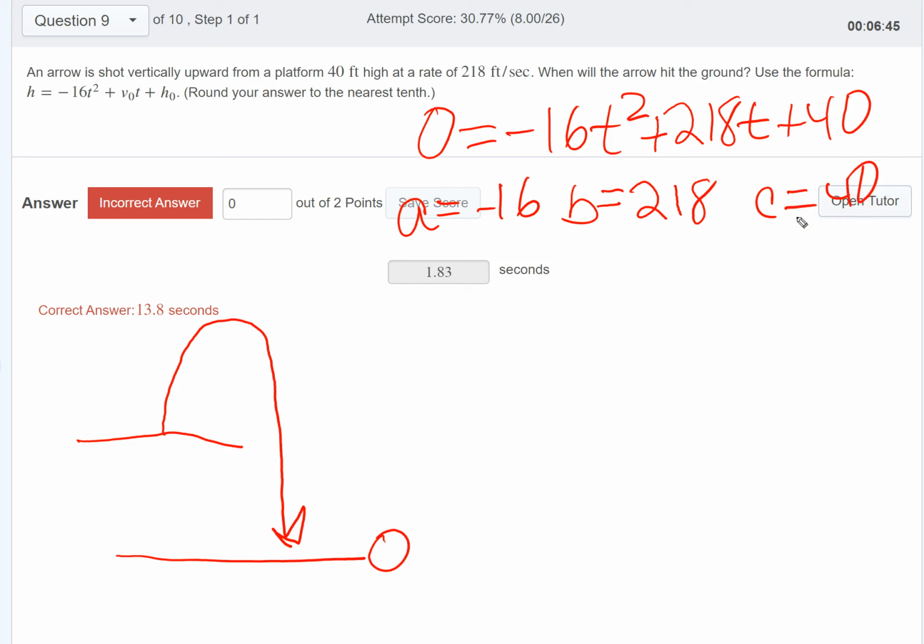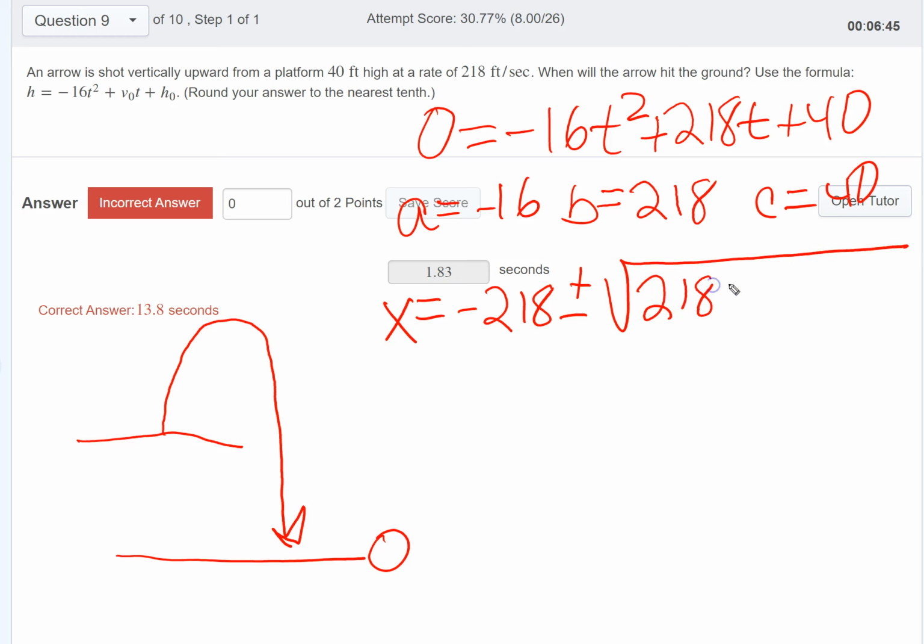Now this one is just tedious and lots of arithmetic, so we're just going to use the quadratic formula. So we get x equals negative 218 plus or minus the square root of 218 squared. That's going to take quite a little bit of calculation here.